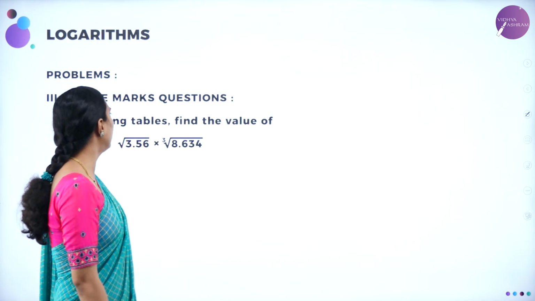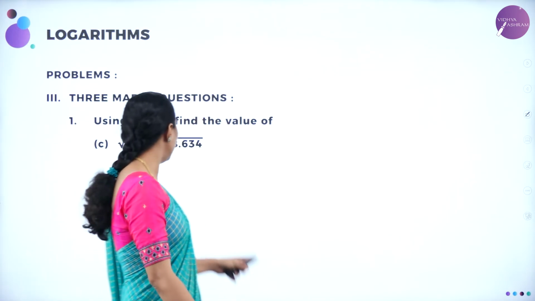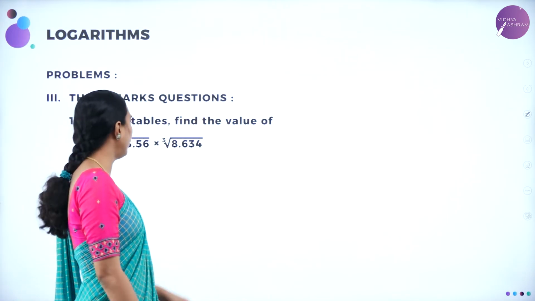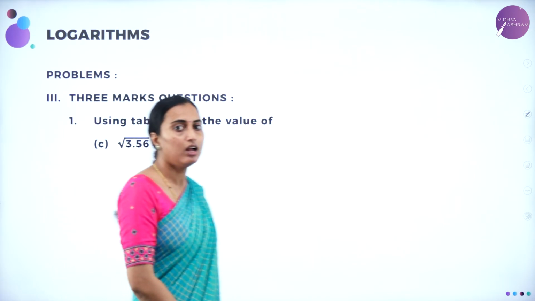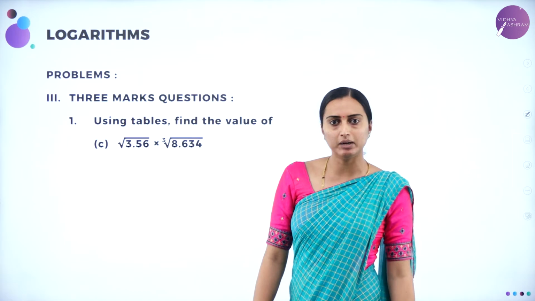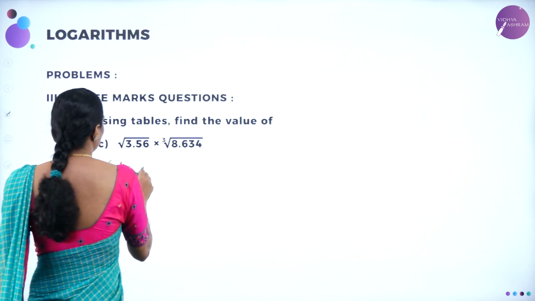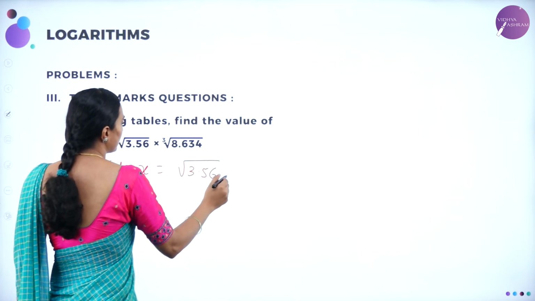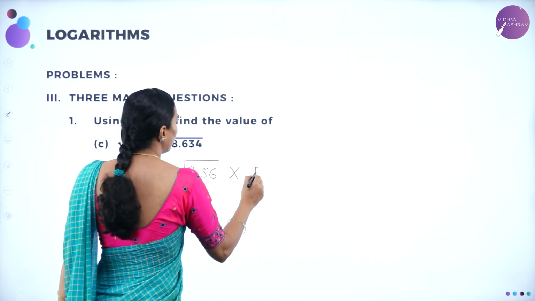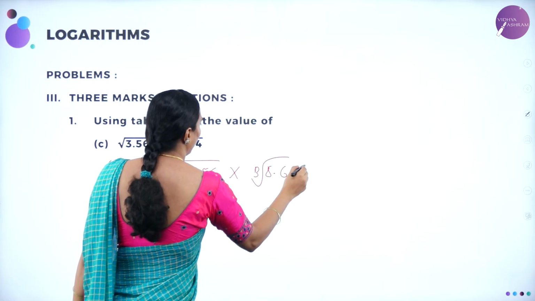Here, how to find out this one? Using the table, find the value of, they have given, square root of 3.56 into cube root of 8.634. That is the question they have given there, isn't it? Let me take it as let x is equal to square root of 3.56 into cube root of 8.634.